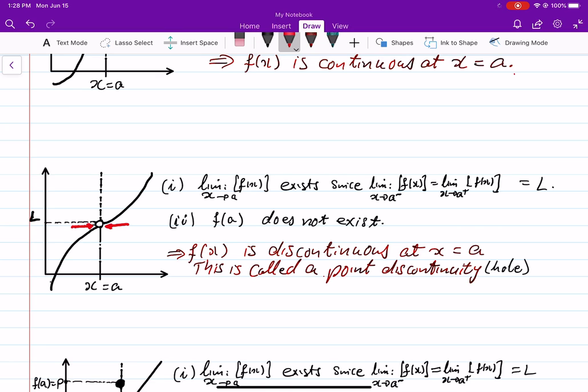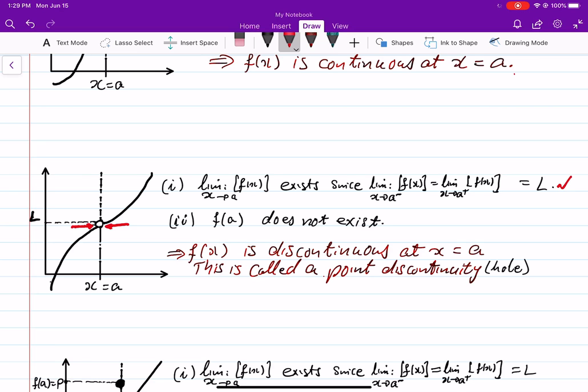The limit exists if the function approaches the same value from both sides, even if the function never actually gets to that same value. And clearly in this case, the function never gets to that y value because there's a hole in the function right there. But the limit still exists because the function is approaching the same value from both sides. So that's the first condition that's met.